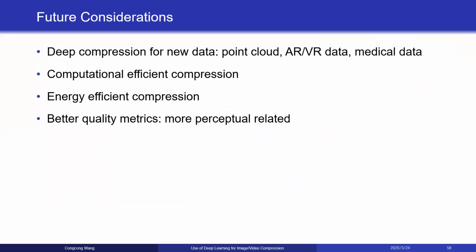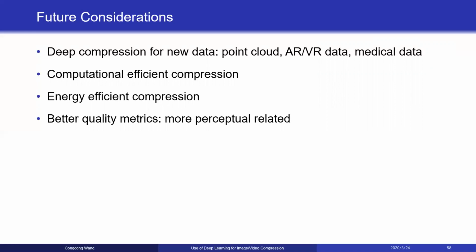Future research directions could be deep compression for new data, especially the 3D data and medical data, as I mentioned previously. And it is necessary to be real-time for compression applications. So computationally efficient compression is also essential. And energy efficient compression is also very important.